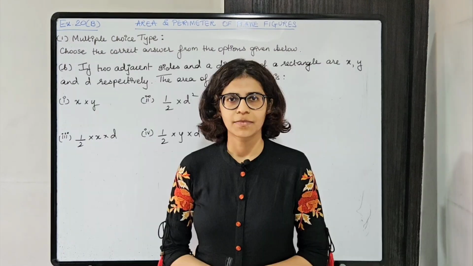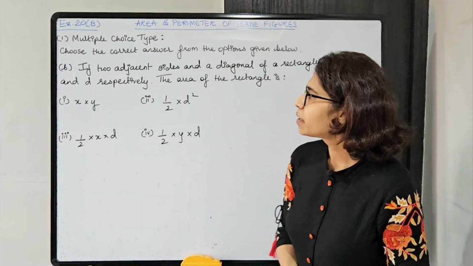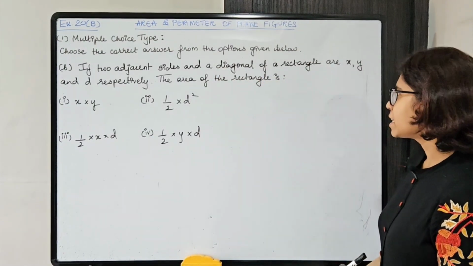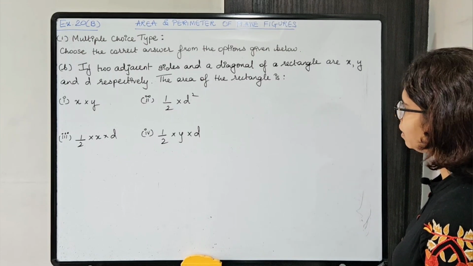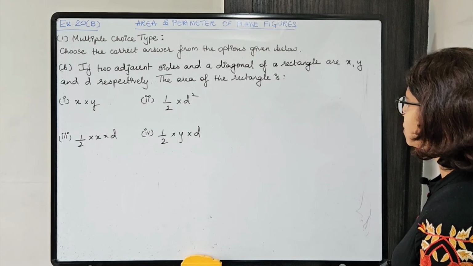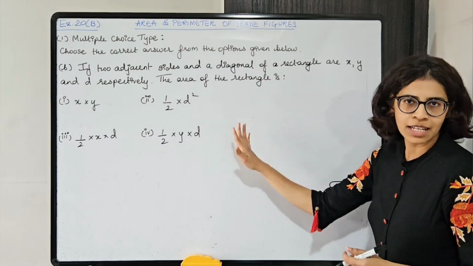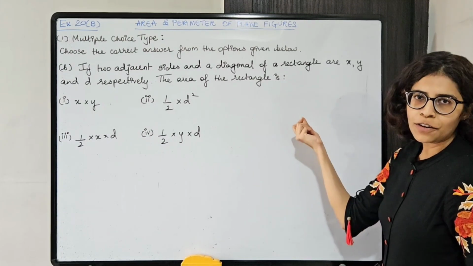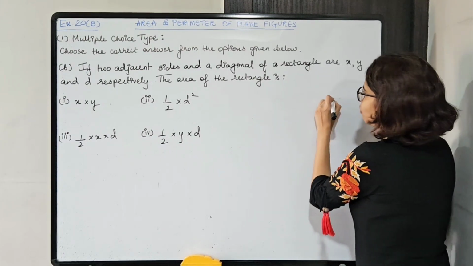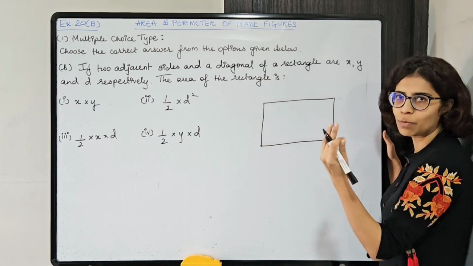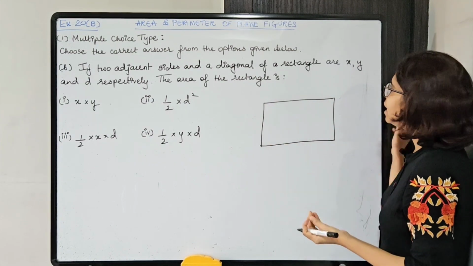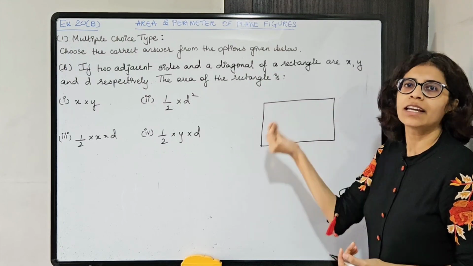Okay. Next MCQ. B, if two adjacent sides and a diagonal of a rectangle are x, y and d respectively, the area of the rectangle is. We'll look at the options later. We have to find the area of the rectangle, and for the rectangle you are told that the adjacent sides, that is the neighboring sides, are x and y and d is the diagonal.